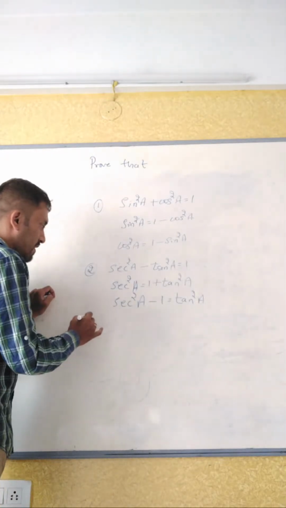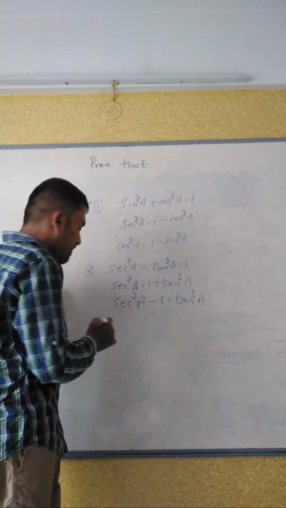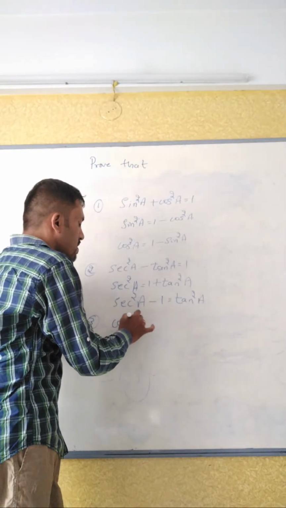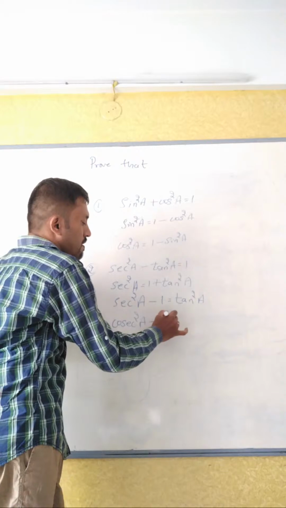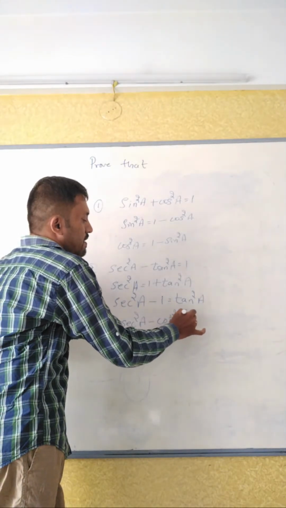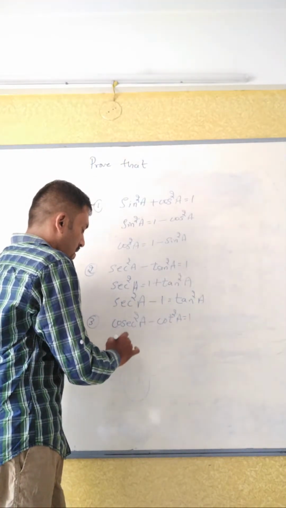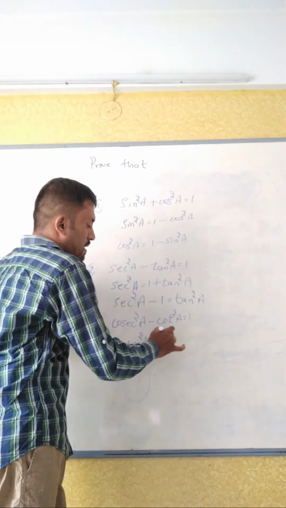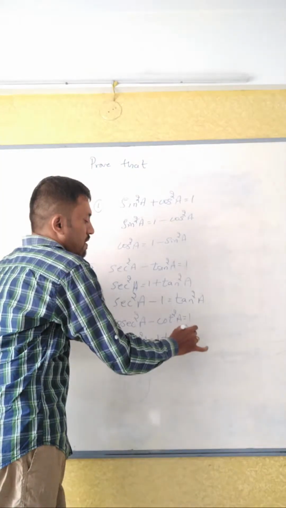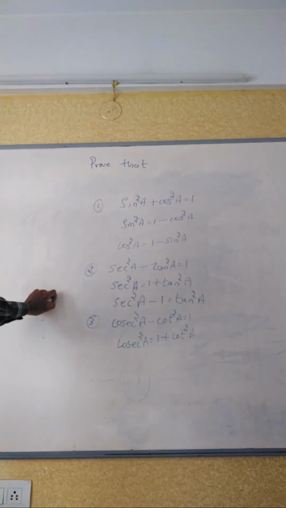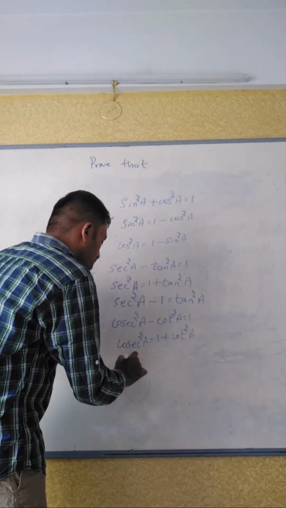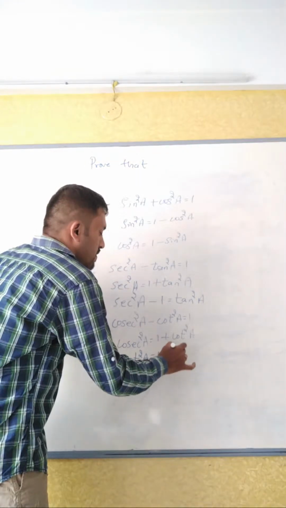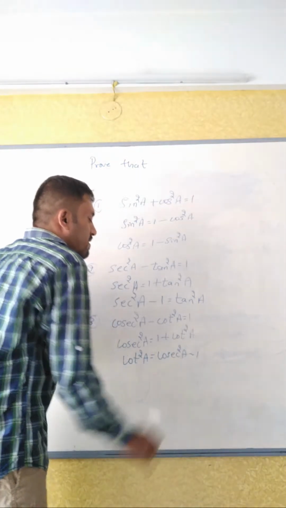And we have the next identity, which is based on cosecant and cot. Cosecant square a minus cot square a is equal to 1, or cosecant square a is 1 plus cot square a, or cot square a is cosecant square a minus 1.